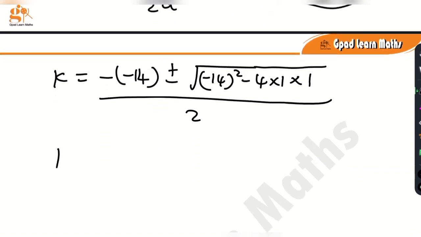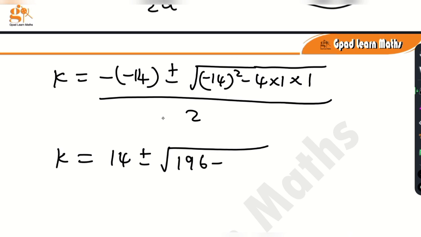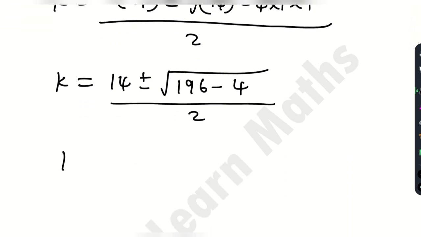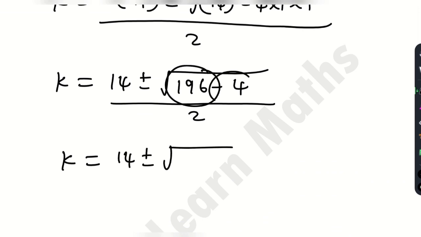So here k is equal to minus times negative 14 is just 14 plus or minus the square root of, what is negative 14 raised to 2? That's 196, right? And minus 4 times 1 is 4. Divide everything by 2. So here k is equal to 14 plus or minus, what is 196 minus 4?